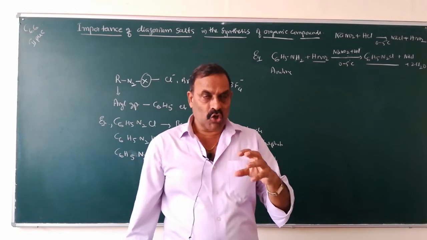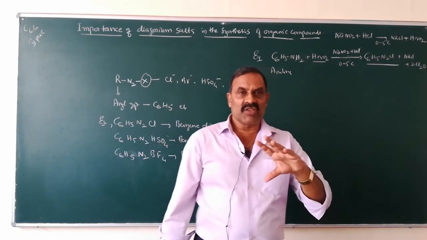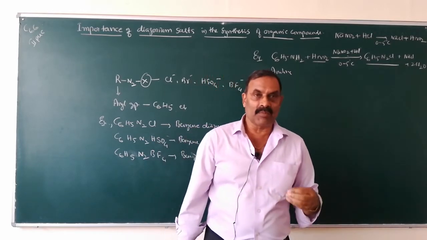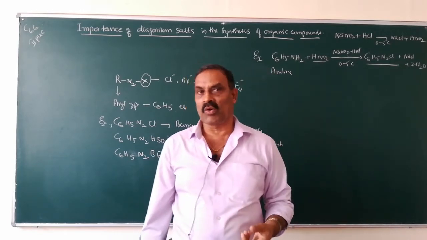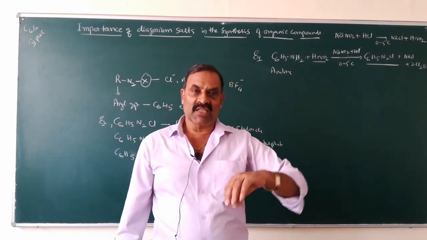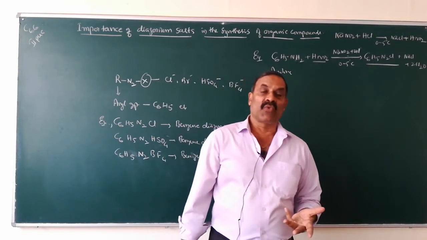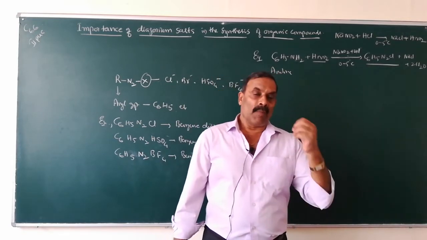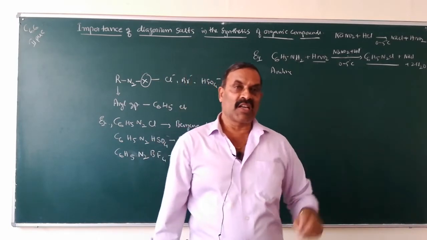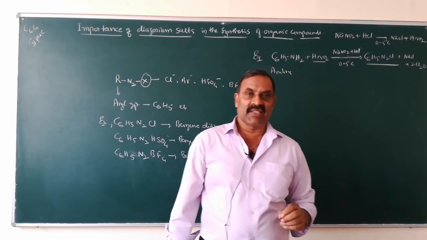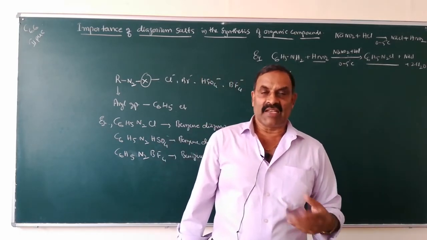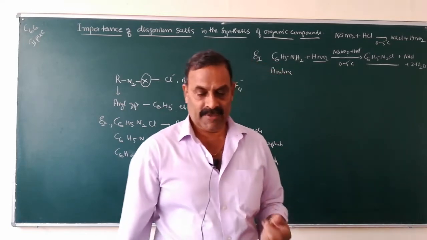When it is dissolved in water, the cold solution is stable, but when the temperature of the solution rises to about 10 degrees centigrade, benzene diazonium chloride reacts with water, forming phenol. Therefore, it cannot be stored for a longer time because it is unstable. Therefore, it is used as and when it is prepared.